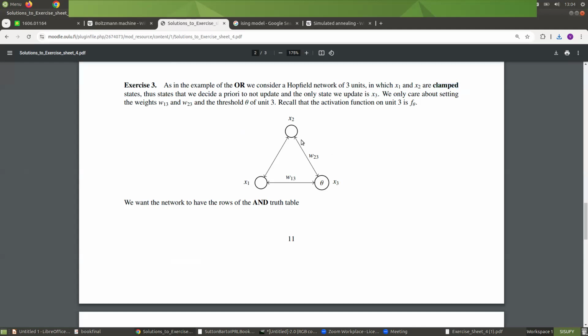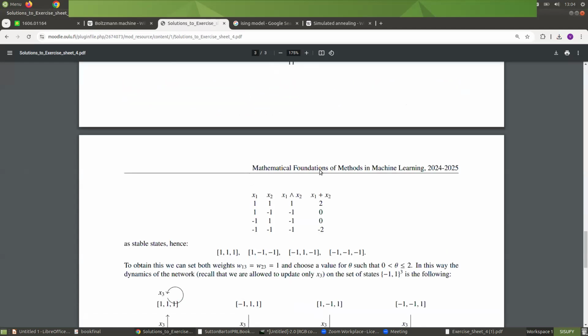So if I force these to be always equal to my input, then obviously I can never change them. So I can only change the other one. Then I just use the same logic as with the standard perceptron.